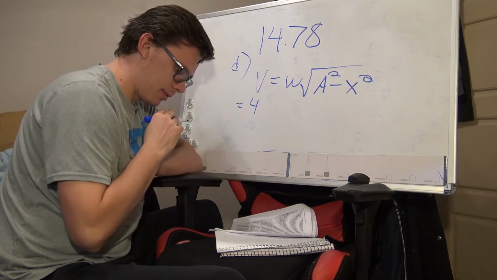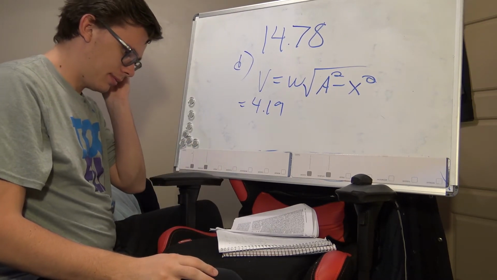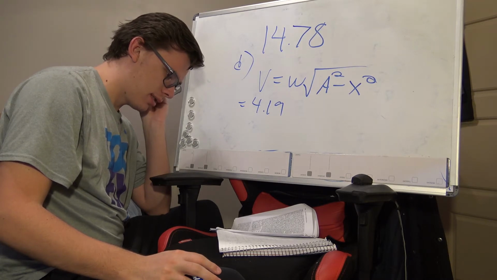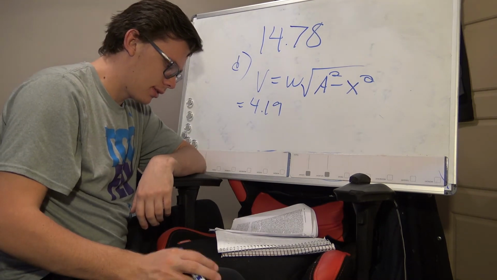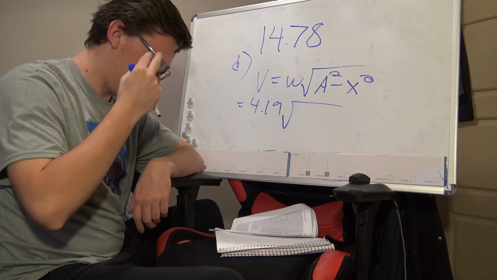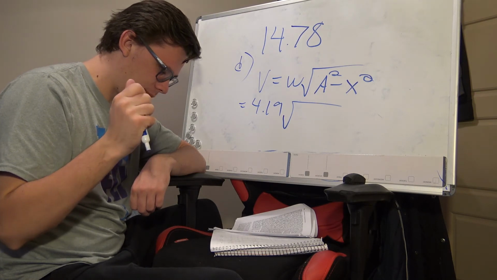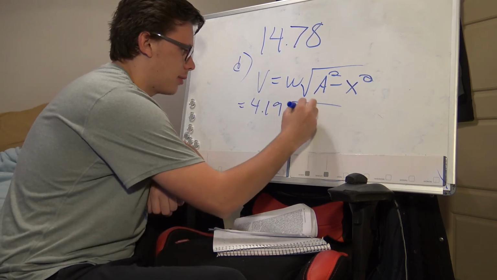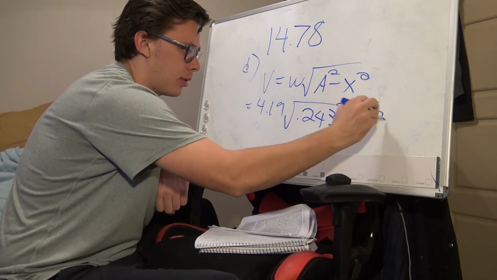Equals 4.19, because that's our w, which is 2 pi divided by T, and then times square root of our amplitude squared, 0.24 squared minus 0.18 squared.